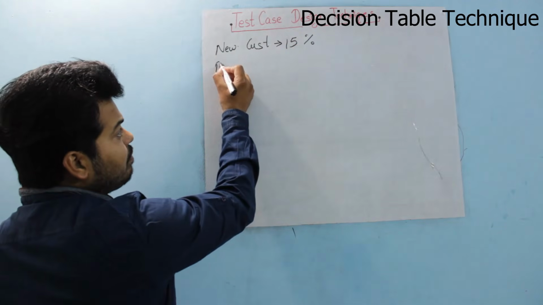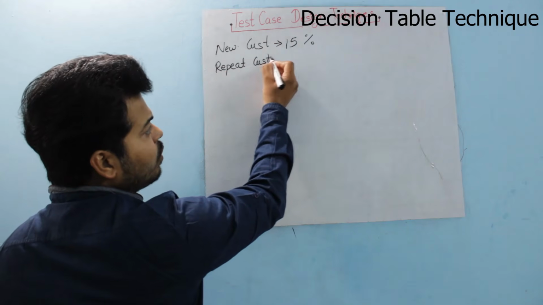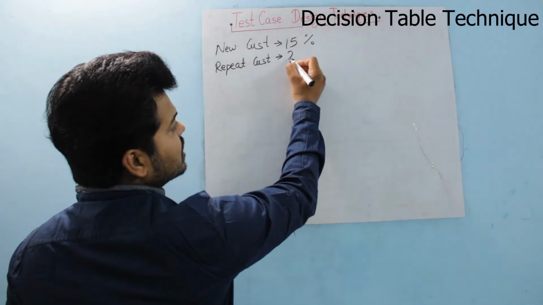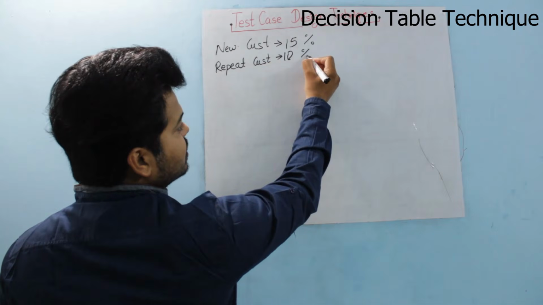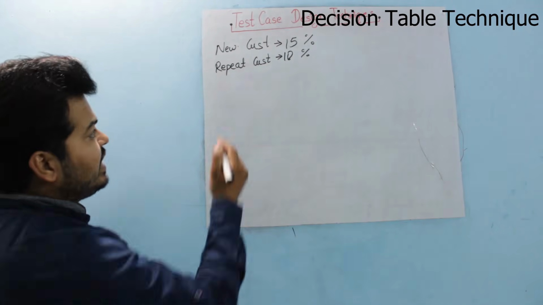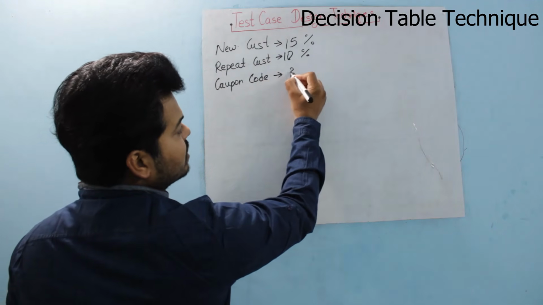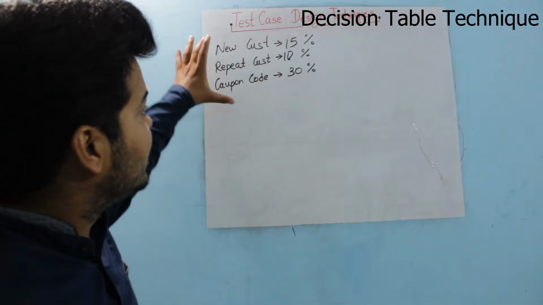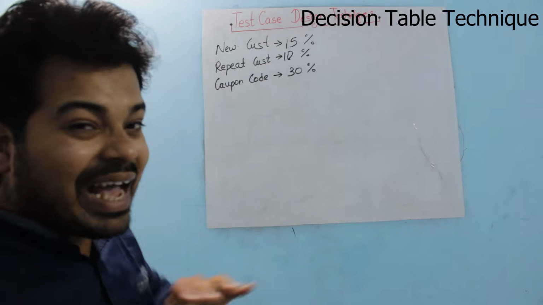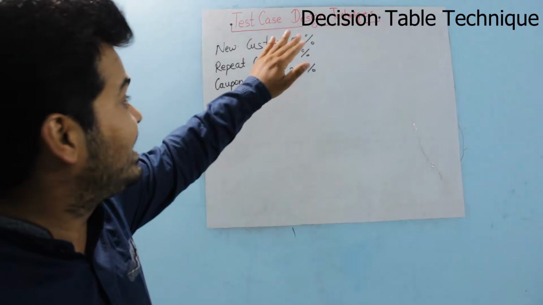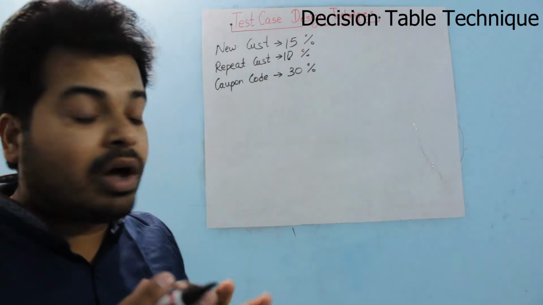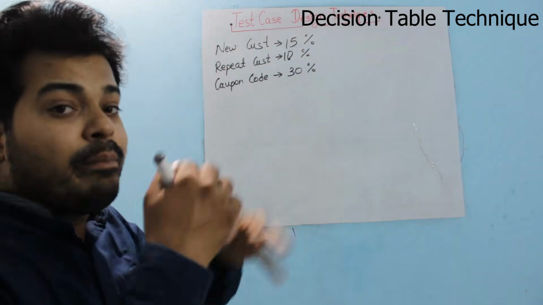If you are my repeat customer, my old customer, I will give you a discount of 10%. And in case you have a coupon code, I will give you a discount of 30%. Now these are the conditions, and I have said that the decision table technique is fully based on conditions, combinations, and rule criteria.